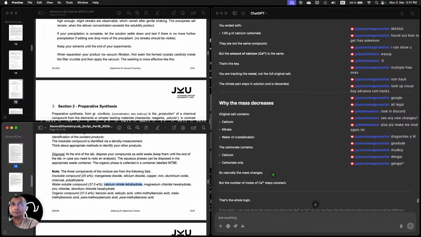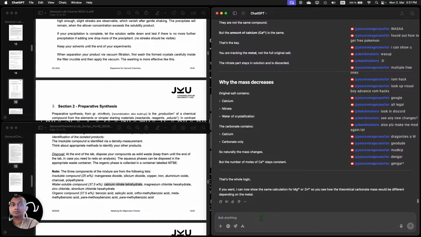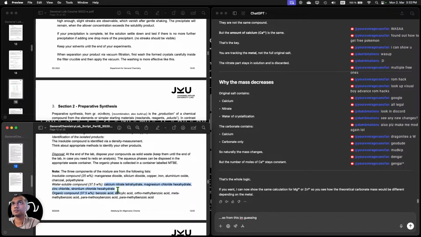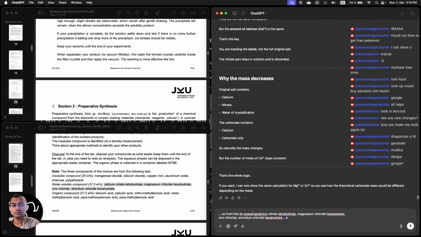So from this, I'm guessing any of these are forming a 1:1 ratio with the carbonate.